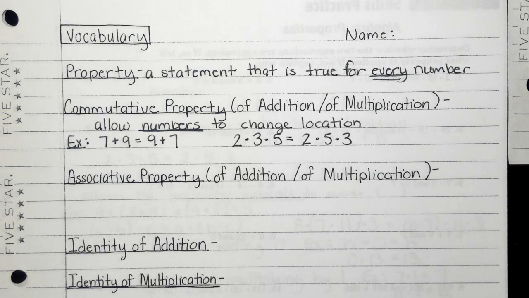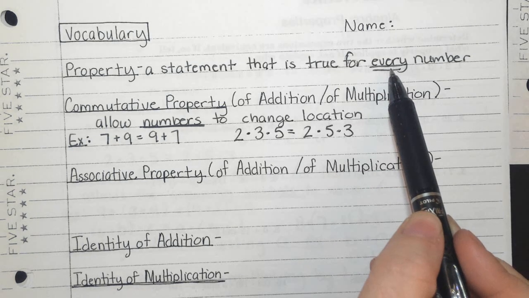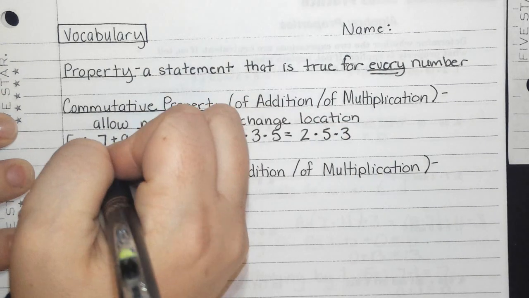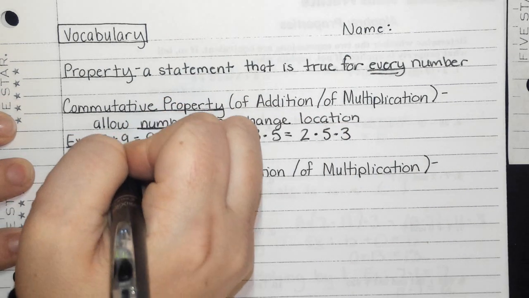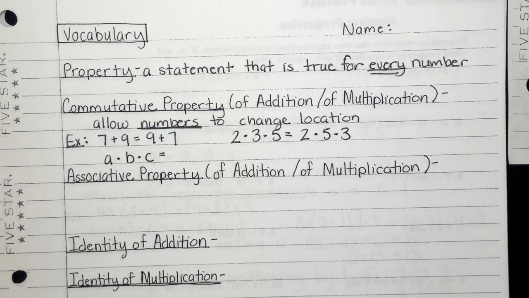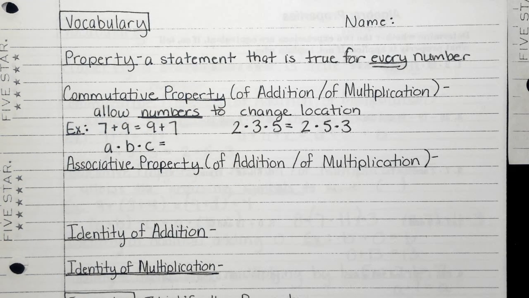If it works for every single number, I can actually do this with letters. All right? I'm not going to do math with letters. I'm just going to move them around like I did the numbers. So, for example, if I have A times B times C, okay? Again, I'm not actually multiplying these. I'm just going to move them around. So let's say B wanted to move. What can B switch places with?